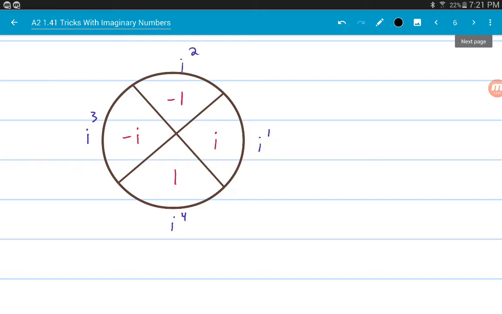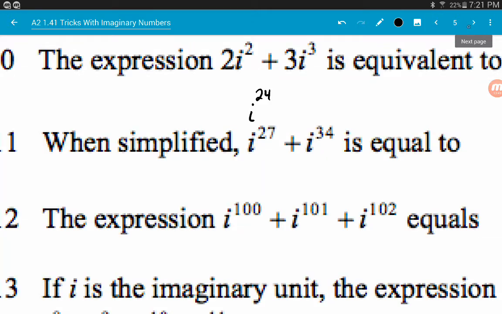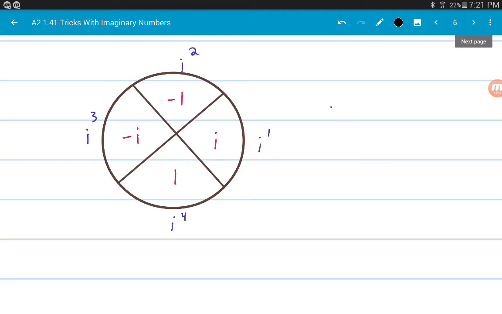Let's clean up the work from the last question. So it's i to the 27th plus i to the 34th. Okay? So i to the 27th.